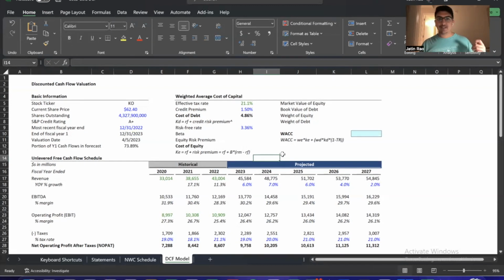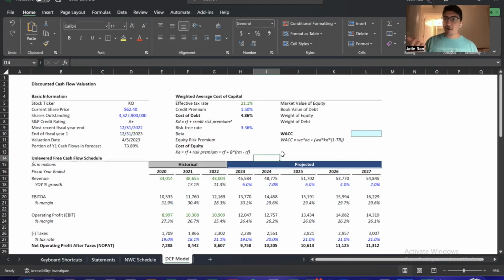Systematic risk is risk that affects all companies in an entire ecosystem of the market. So if interest rates increase, that is a systematic effect that affects the valuations of all companies. If there is a pandemic or if there is an economic slowdown, that affects all companies. That is known as systematic risk.